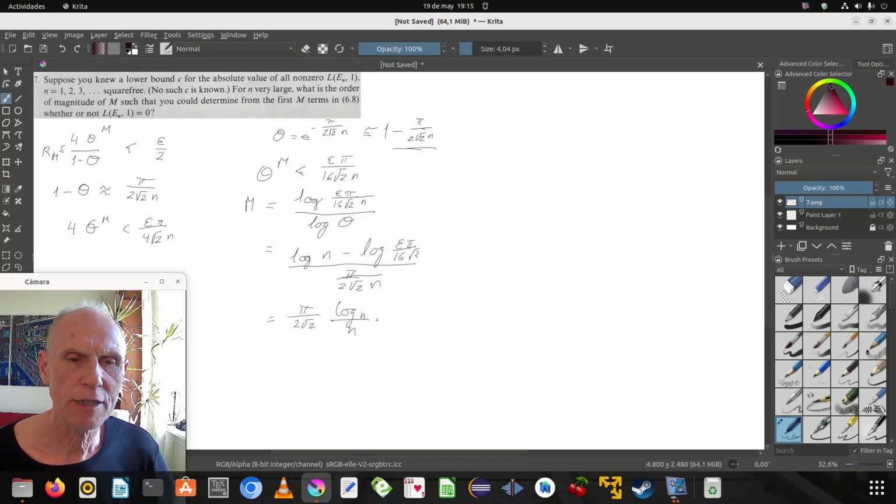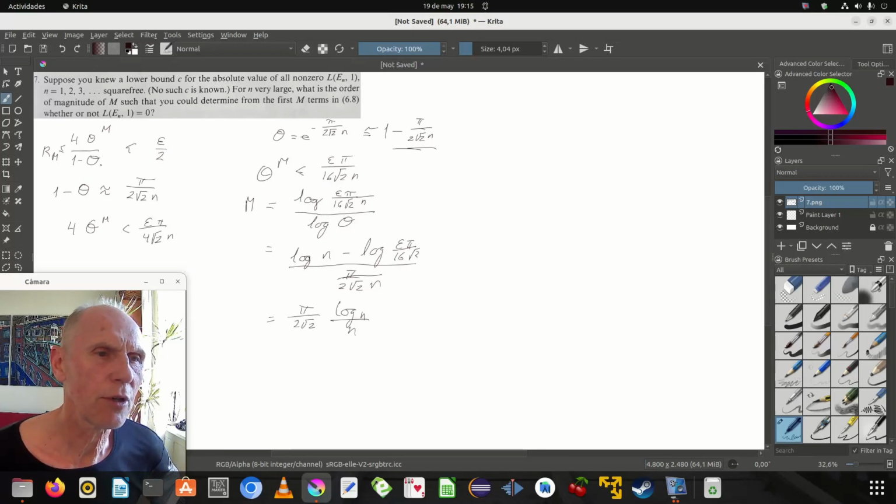Because for n tending to infinity, it would tend to naught. And when n tends to infinity, this becomes closer to unity. So we define, let's have a much larger n for it to make sense.